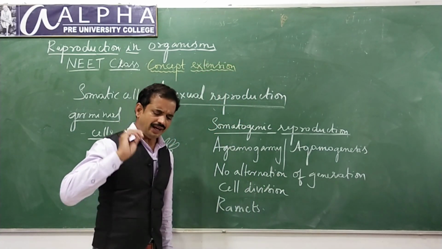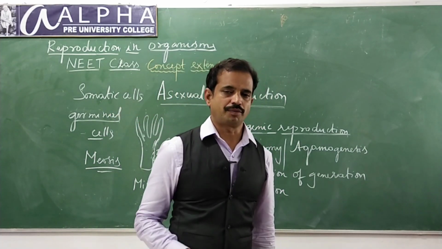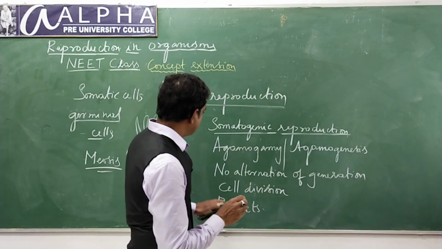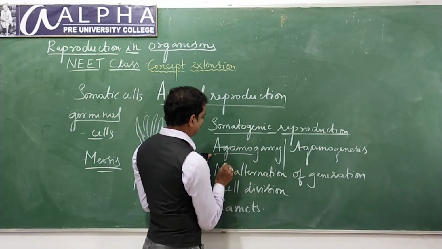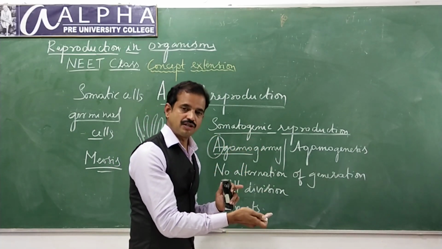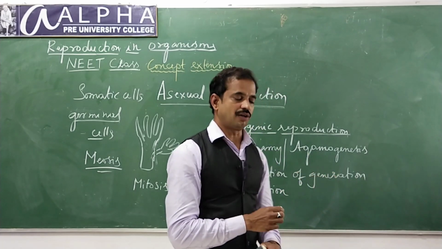Okay, and already I have told you asexual reproduction does not involve the formation of gametes, no gametes. So it is also called agamogenesis. Here A means opposite. Gamogenesis is formation of gametes. Agamogenesis means gamete formation is not involved.